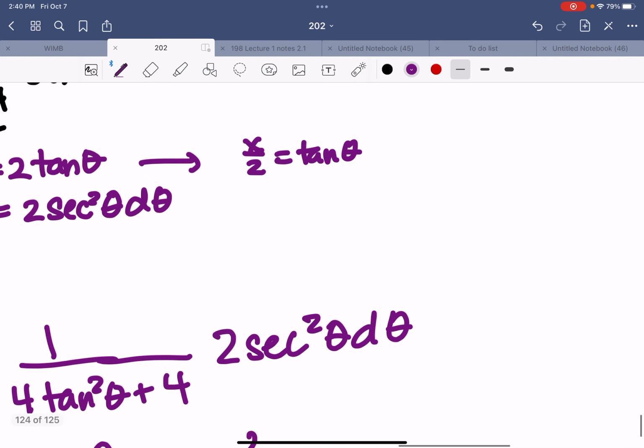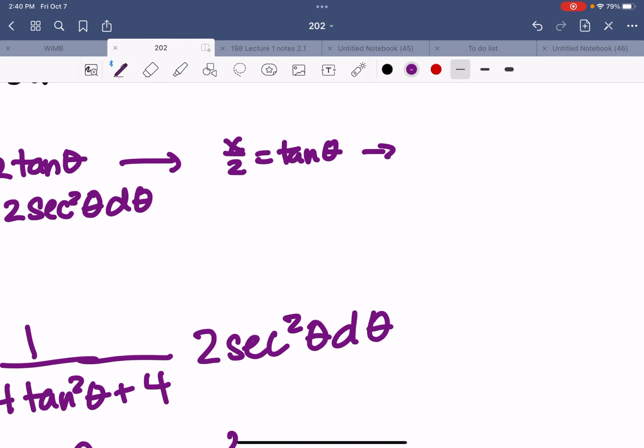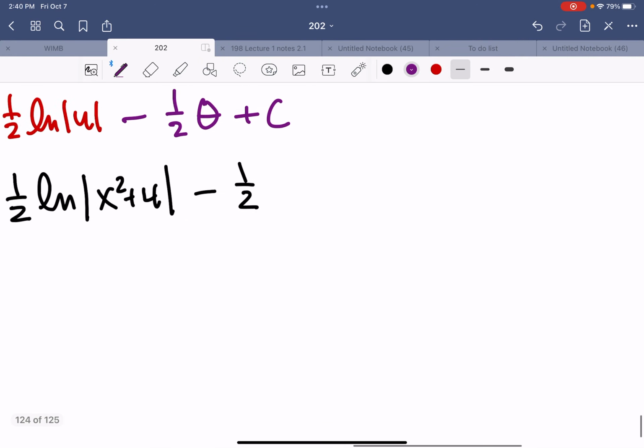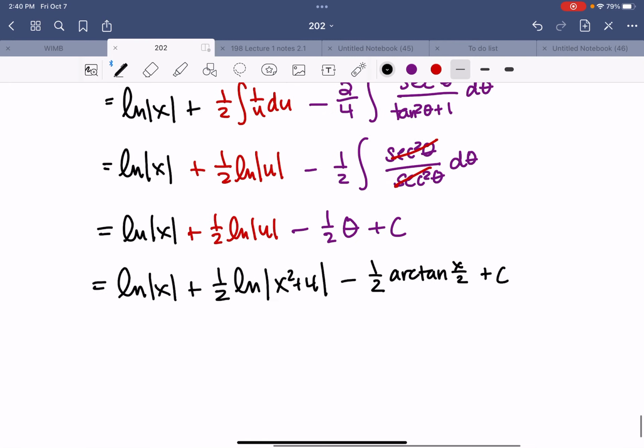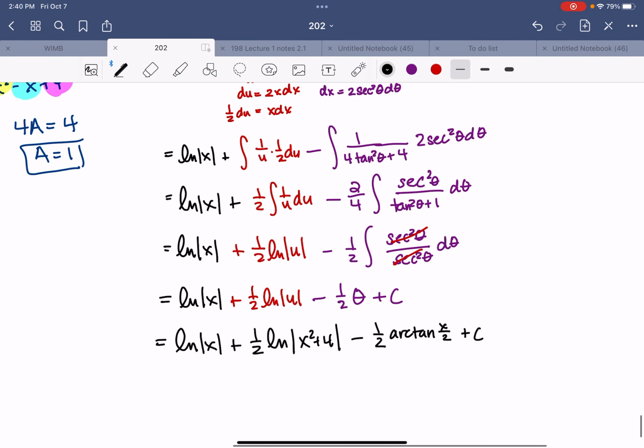And then theta is the arctan of x over 2. So we get 1/2 the arctan of x over 2. So it is an arctan, it's just adjusted a little bit. Okay, and that is our final answer.